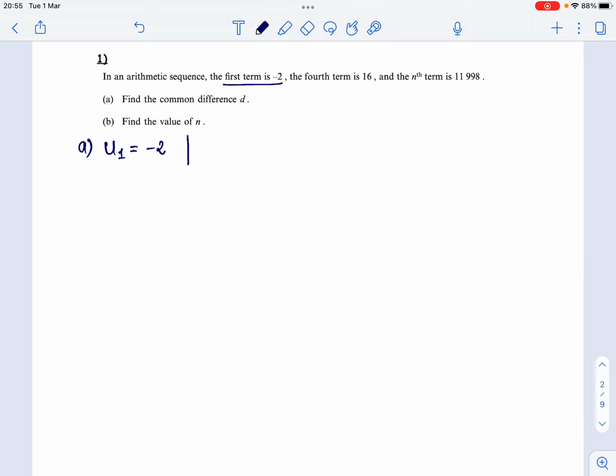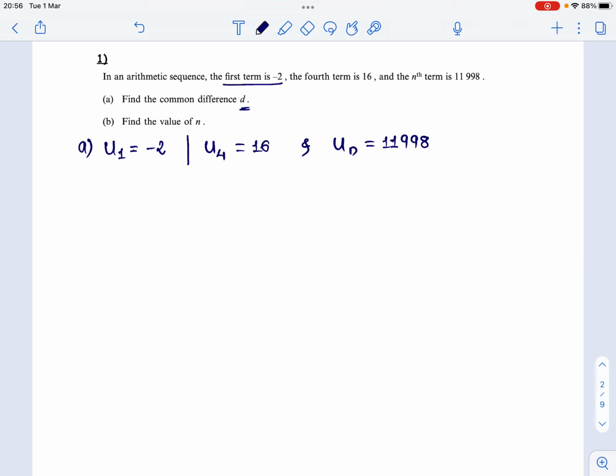Fourth term is 16, so u stands for term, and u4 is equal to 16. And they have given the nth term, that means un is equal to 11998. And they are asking to find the common difference, that is d.